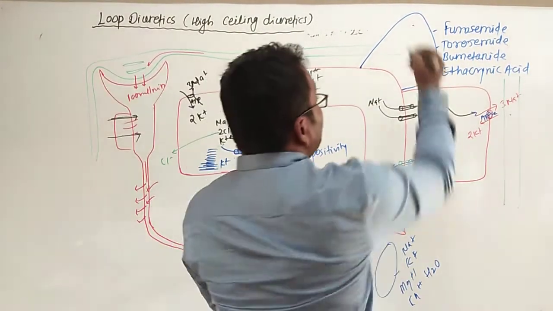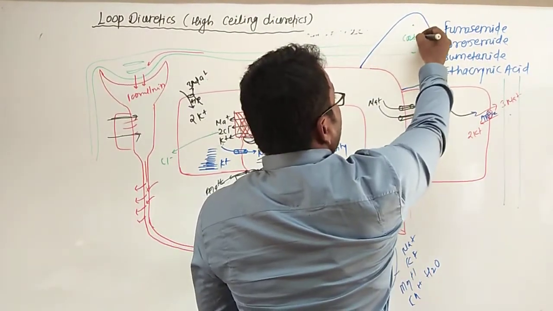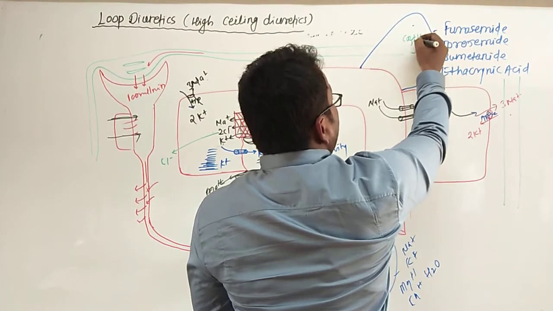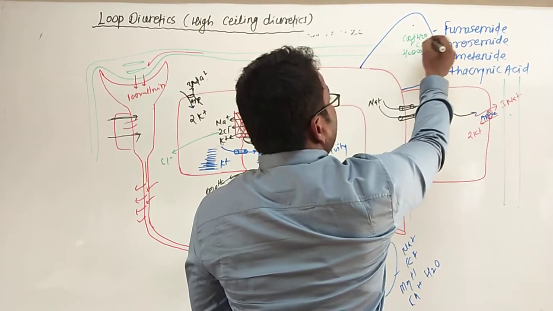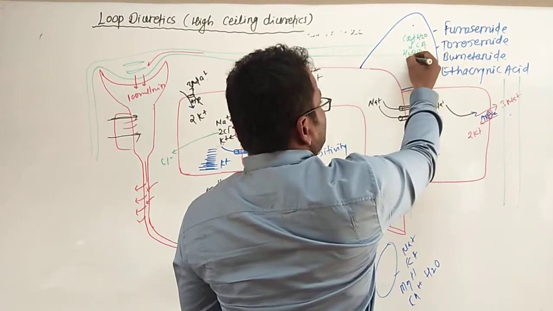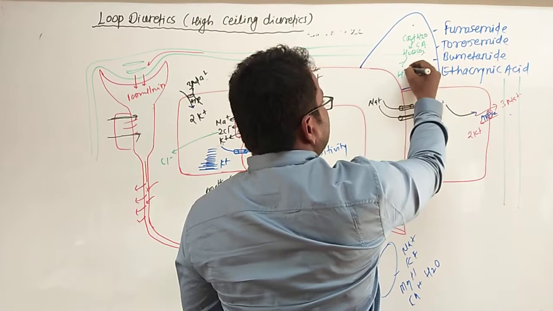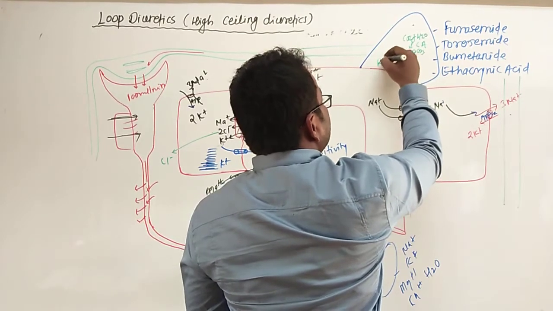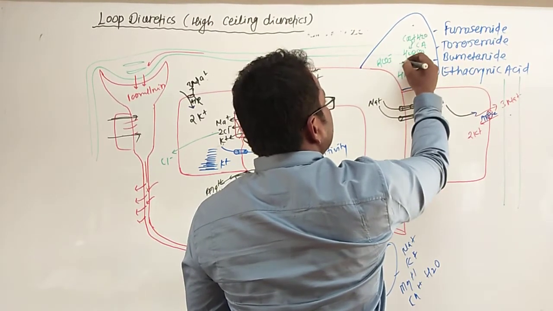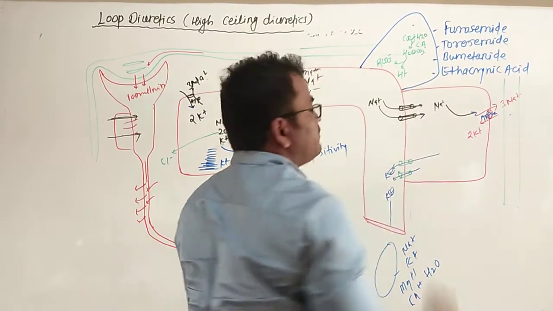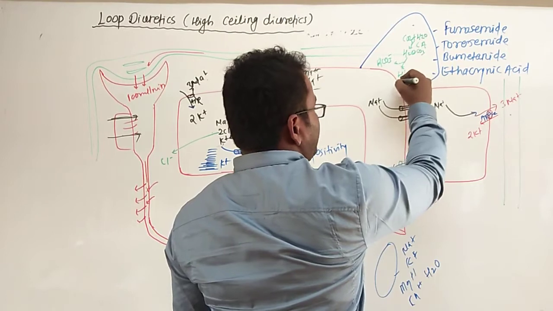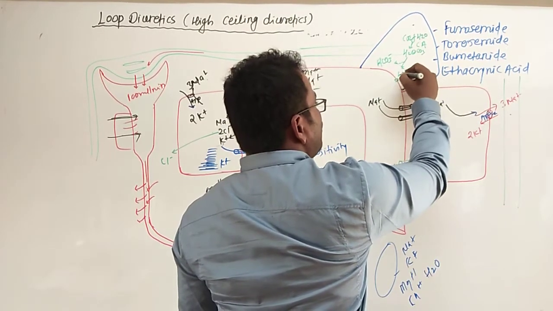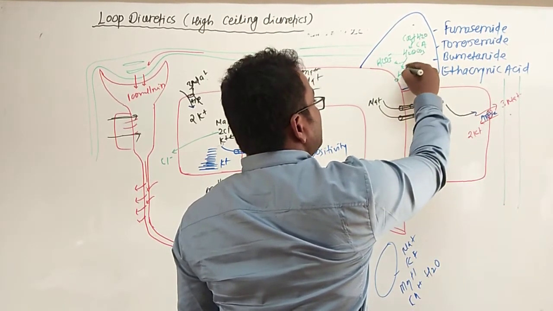So CO2 plus H2O combine to form H2CO3 in the presence of carbonic anhydrase. This H2CO3 is split into H plus and HCO3 minus. This H plus is transported into the luminal fluid through the special proton transporter.